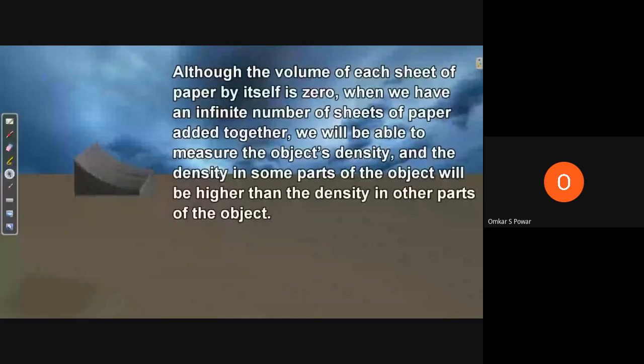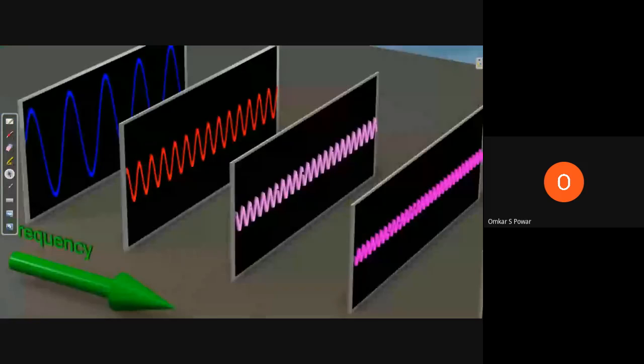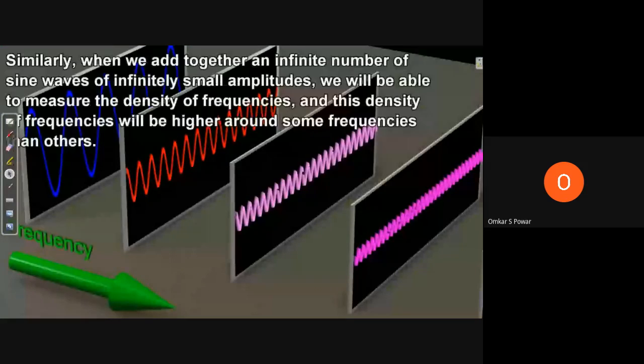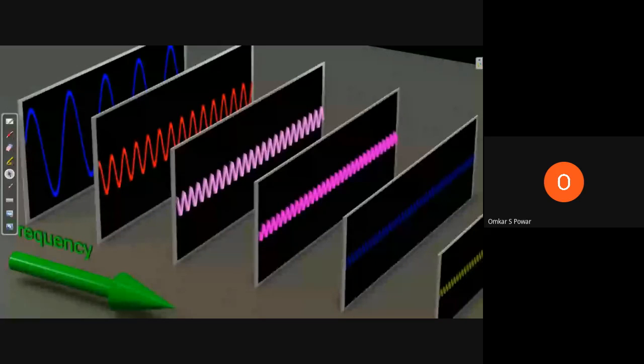If you consider when they are closer together, there will be different density for different papers, right? So like that, you can visualize this. Each wave will have a different frequency. So it's just a combination of these frequencies.